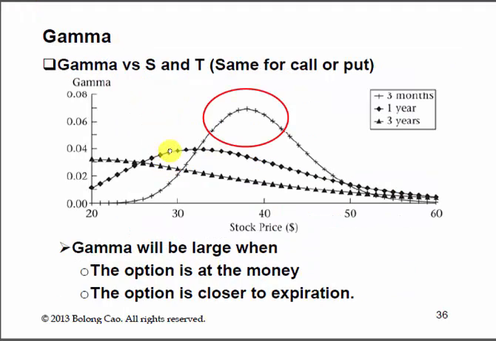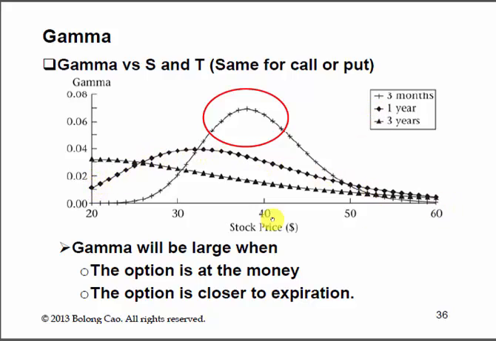All right, so when will gamma be large? Look at different strikes, from 20 to 60, and different expiration dates. The earliest expiration date is this 3 month. The cross line, the diamond line, is 1 year.